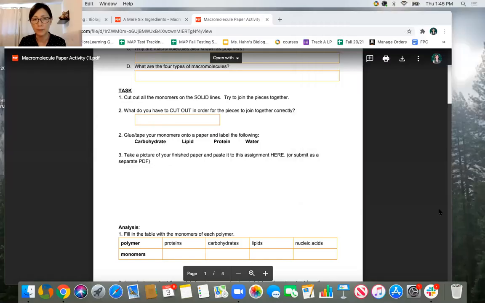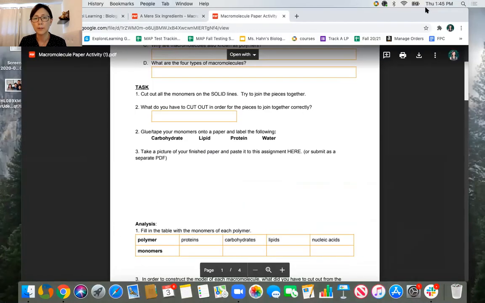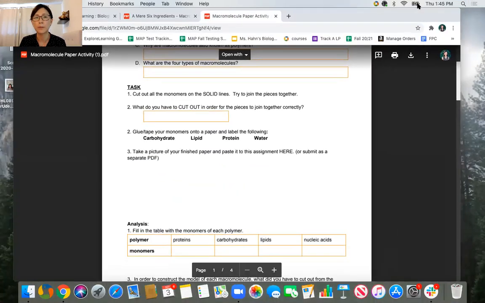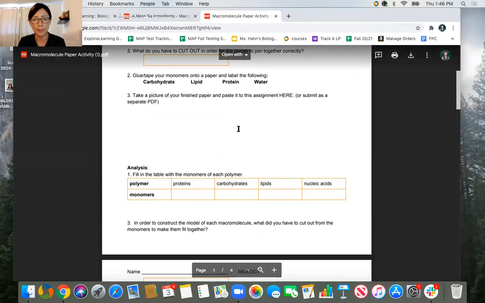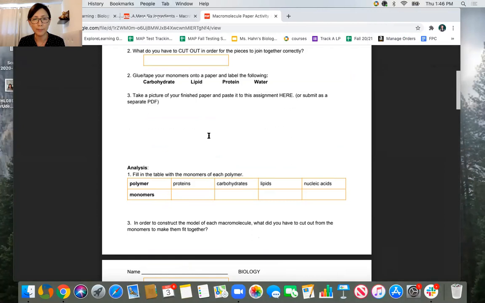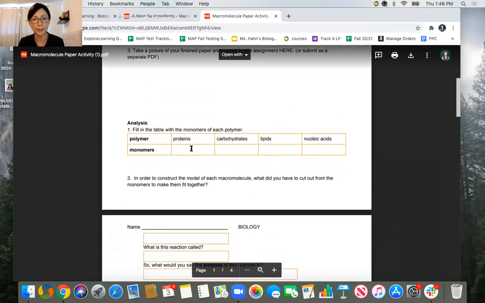Okay, back to our lab. So you're going to glue these on, and then you're going to take a picture, paste it here, or you can attach it separately. You're going to fill in this chart, okay?